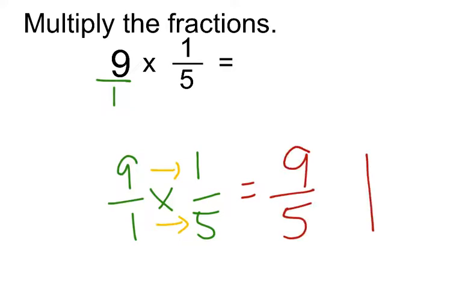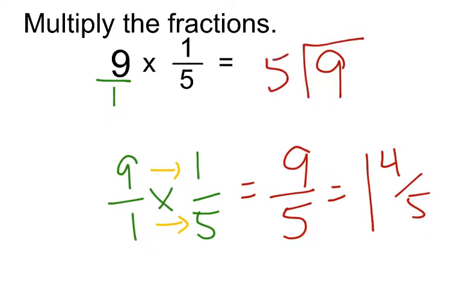There's one whole group of 5 in that 9, remainder of 4/5. And if you like, you can do it the traditional way of dividing 9 by 5, and of course you will get 1 and 4/5.